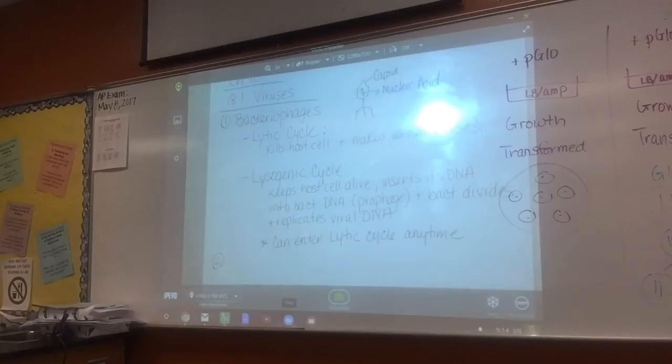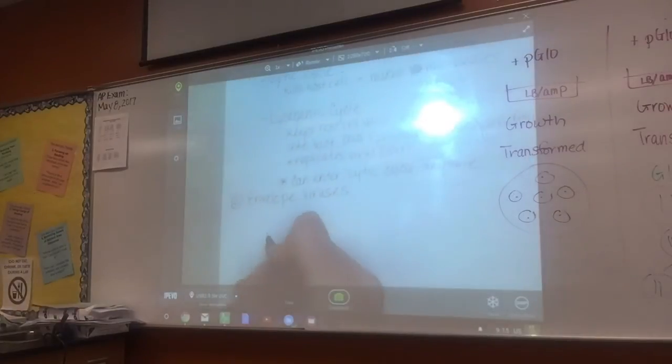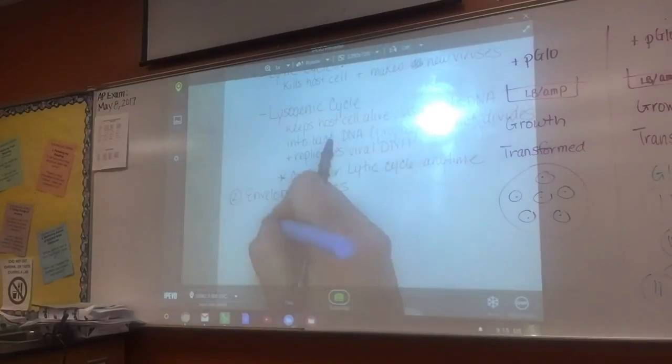A virus that infects our cells, because these guys only infect bacteria. So these are a class called envelope viruses. And so these guys have the capsid and the genetic material in it. But in addition to that, it has an envelope, hence the name envelope virus.